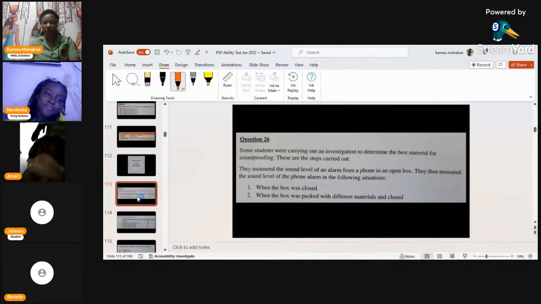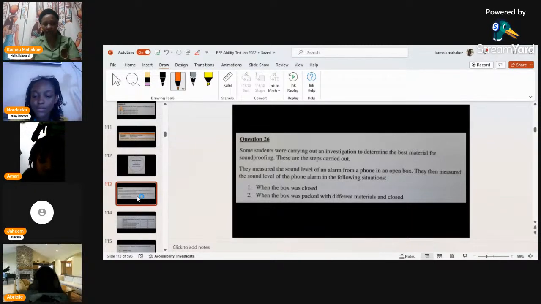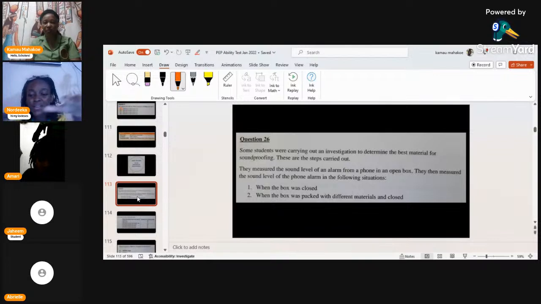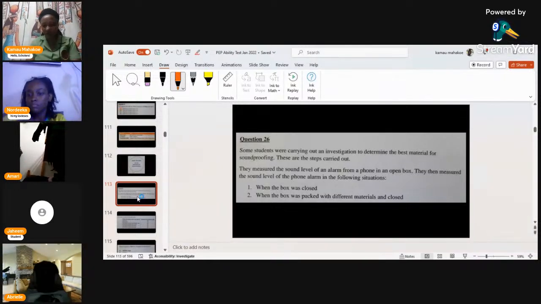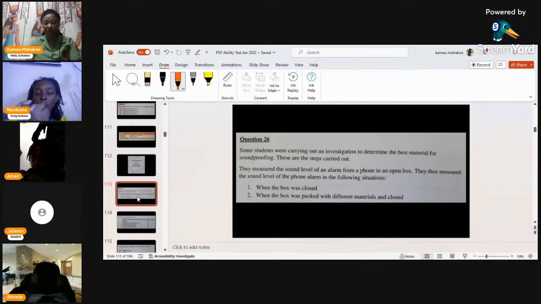Okay. So is it to keep the sound in or let the sound out? Miss, to keep the sound in. All right. So when you soundproof a room, you want to keep the sound inside the room, right? And if you're soundproofing a box, you'd want to keep the sound inside the box.